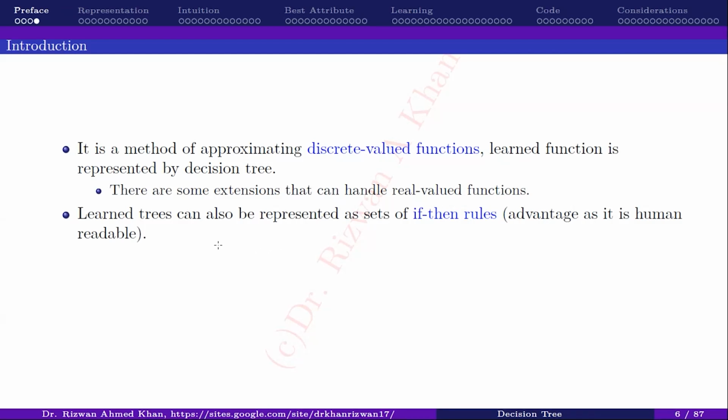And the good thing is this learned decision tree can be represented as if then else rules. The thing which you do in programming, if do this, else do this. So decision tree is very intuitive in understanding in this sense because its representation is very intuitive and we can represent any decision tree using if else rules.